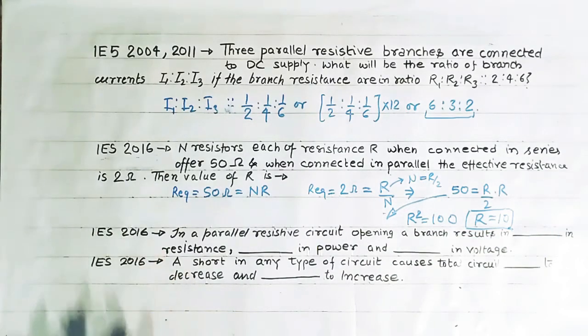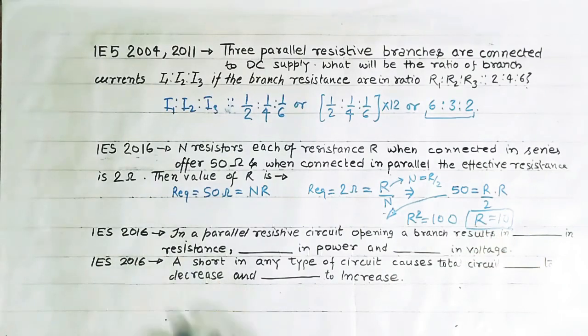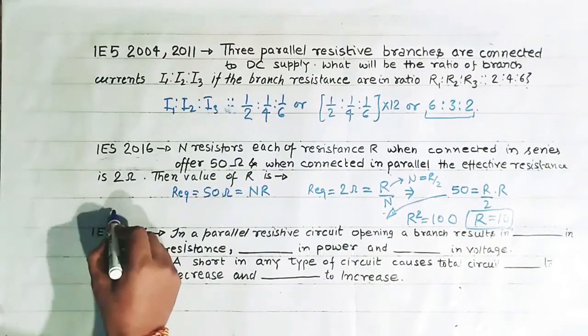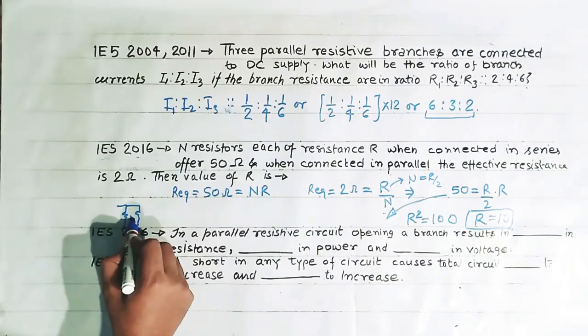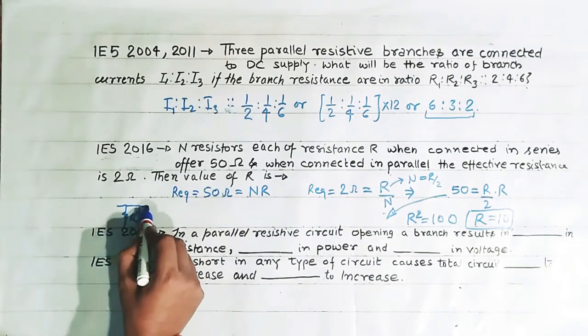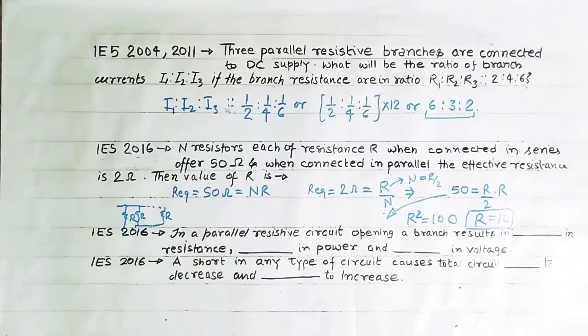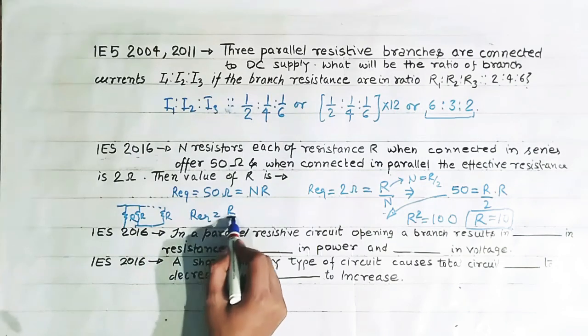Now see this question that has been asked in ES 2016. In a parallel resistive circuit, opening a branch results in, suppose a circuit is parallel. To solve this question we take an example. Suppose n equal resistors of value R are connected in parallel. Then the equivalent resistance is R by n.